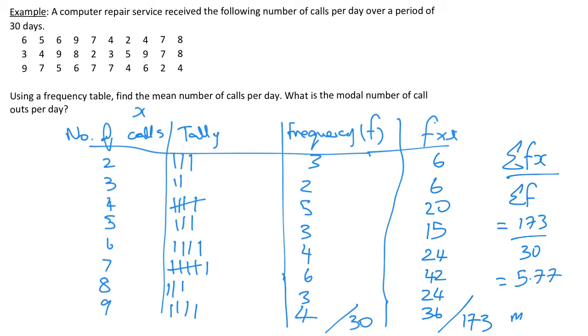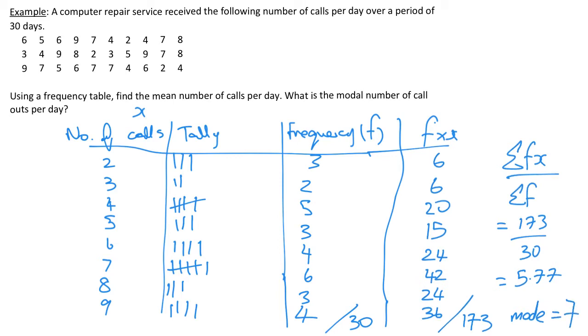The mode, again we're asked for the modal value, is the one with the highest frequency, and we can see that the highest frequency is 6, which corresponds to 7. So the modal number of calls is 7.